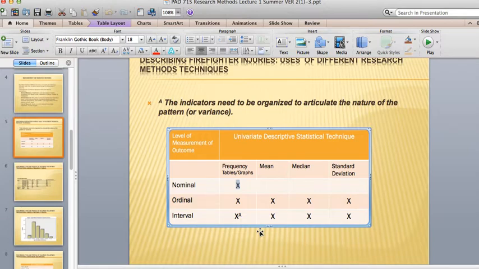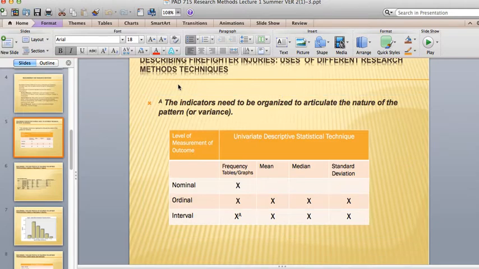I just want you to know that a common question that students ask, and it's a good one, is why are there so many of these research methods techniques out there? Why do they exist? The answer is because your management problem will be measured different ways. So there's a research technique for your management problem being measured at the nominal level. There are different research methods approaches that can complement one another for a management problem that's measured at the ordinal level or the interval level.